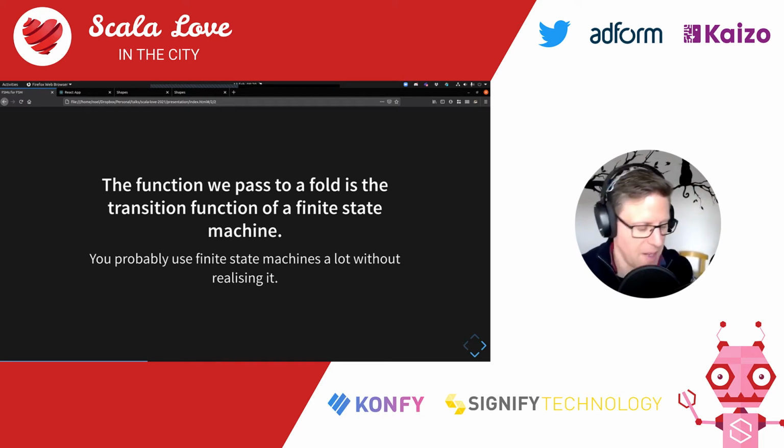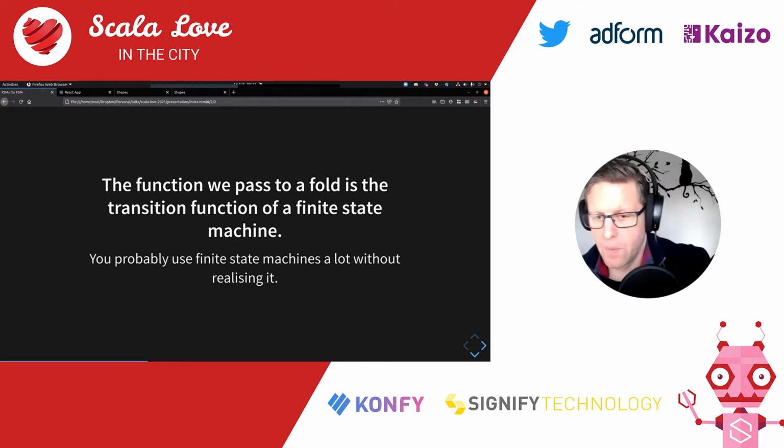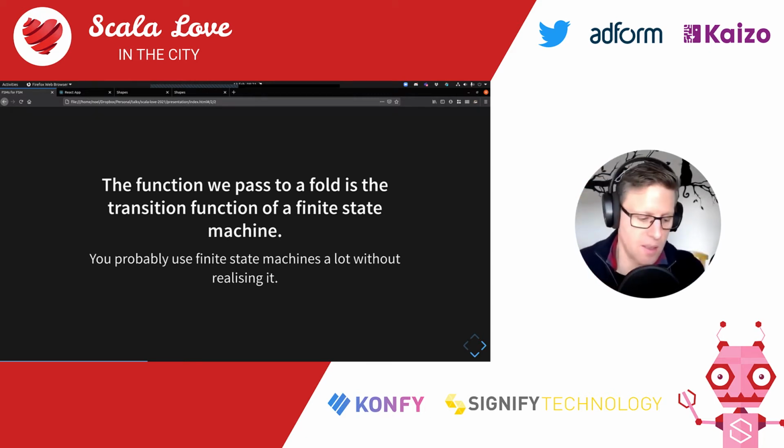All types are finite on computers because we have finite memory. So as our first example of a finite state machine, if you've ever written a fold, there's a very good chance you are actually using a finite state machine. You're probably using finite state machines a lot without necessarily realizing it.